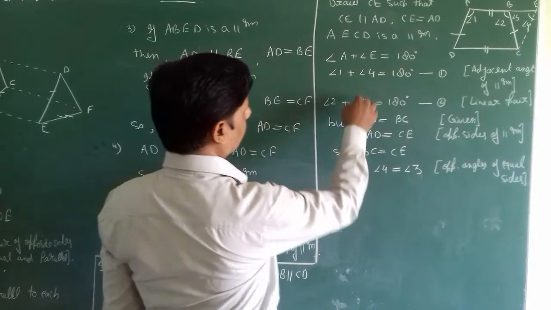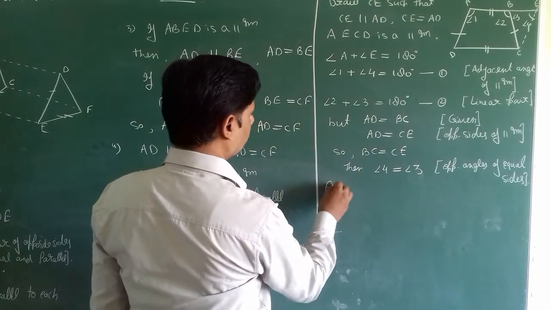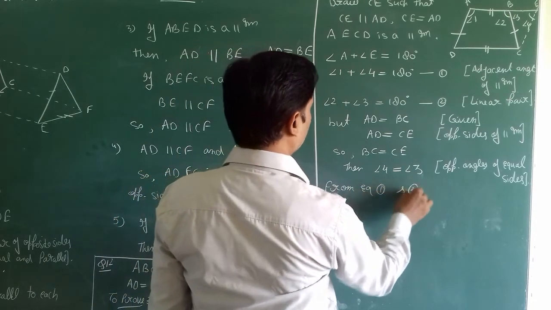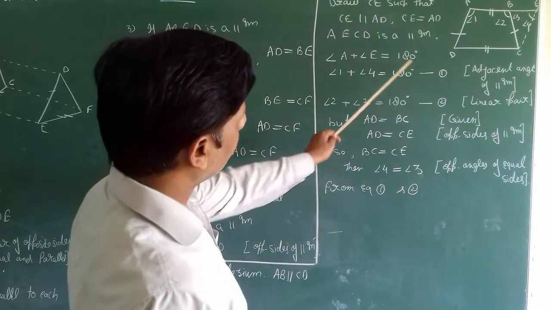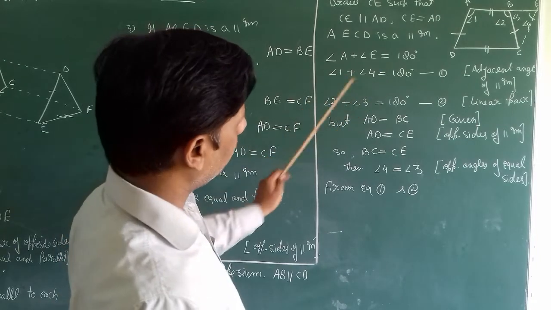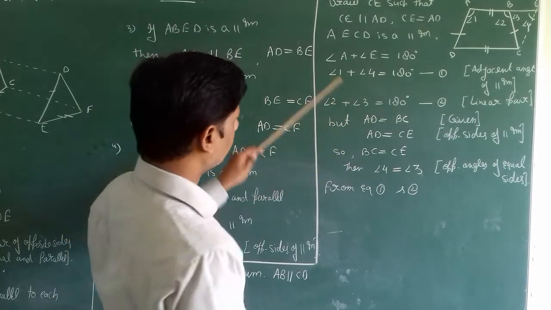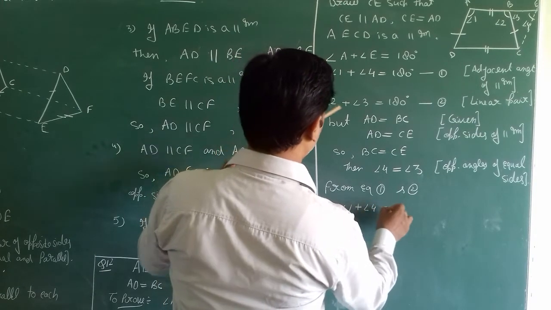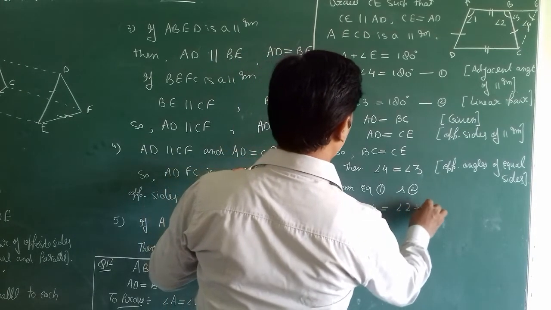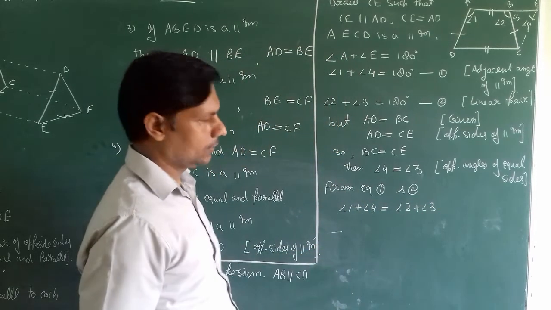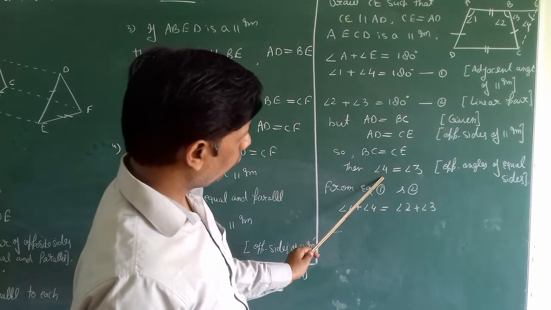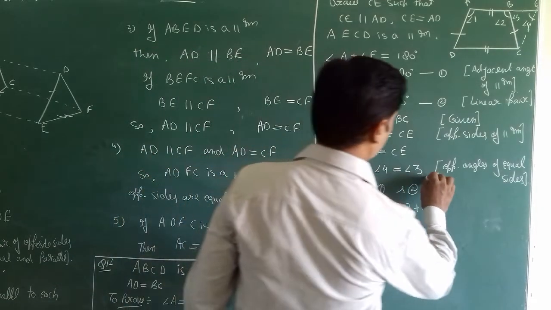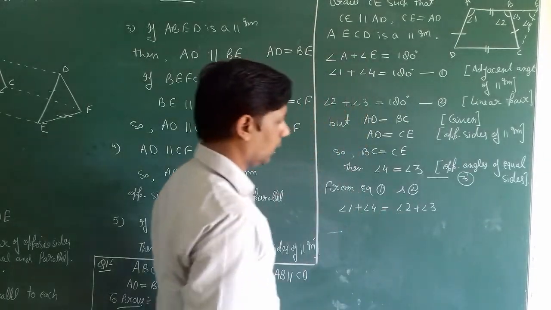Now seeing these two equations, equation 1 and 2. See, both 1 and 4 is equal to 180, 2 and 3 is equal to 180. So we can write here angle 1 plus angle 4 is equal to angle 2 plus angle 3. Right, students? But here we already proved that angle 3 is equal to angle 4. We can give it the name equation number 3.